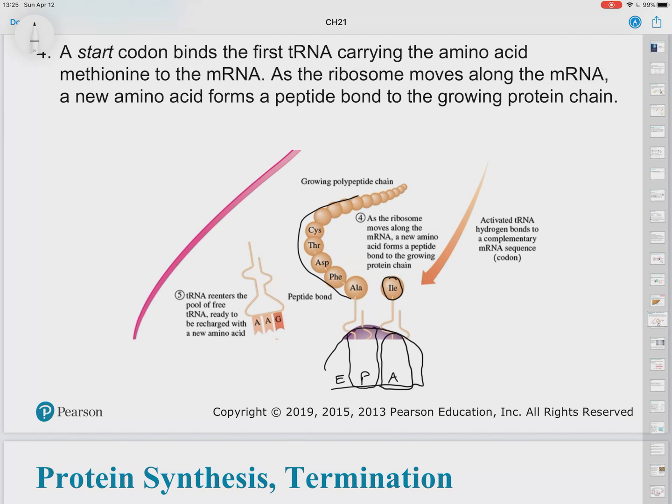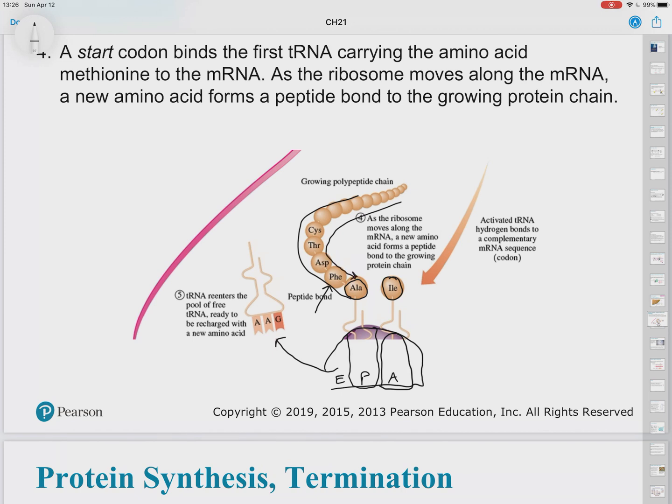And so here you can see it's bringing isoleucine, and the P site already has this growing peptide chain. And then in the E site, that's where an empty tRNA leaves. So this tRNA that's leaving probably was holding the chain right here at the phenylalanine.